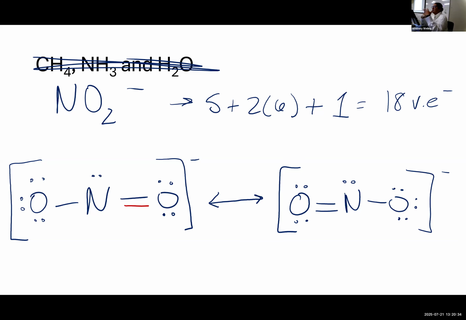Don't let the drawing always tell you. In this case, this would be bent. So what about hybridization? sp2, yes, I almost got it too. There's 3 things, so sp2.